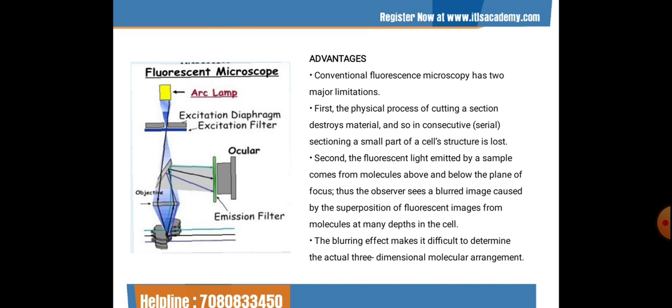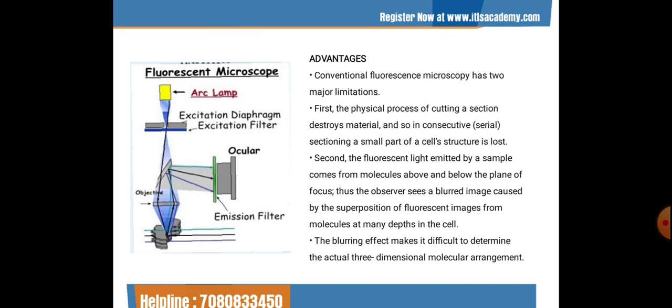Conventional fluorescence microscopy has two major limitations. First is the physical process of cutting a section destroys the material, and so in consecutive sectioning a small part of a cell structure is lost.